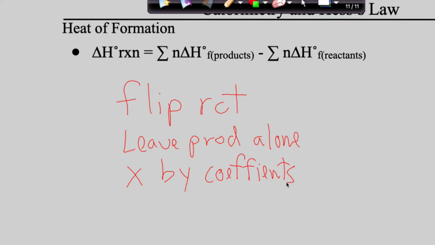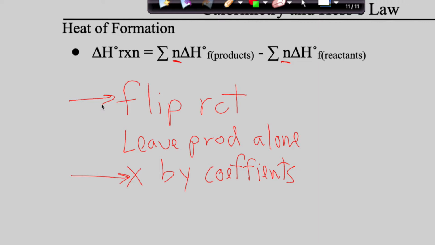Guys, check this out. First of all, this. Where does it say multiply by coefficients? Guys, those are these n's. The n's are the numbers of moles, which are the coefficients. Then, guys, where does it say flip the reactants over?